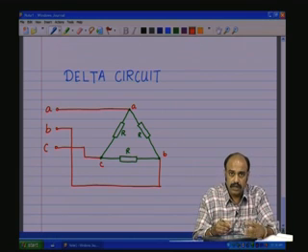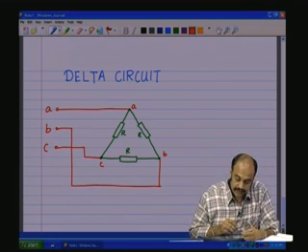Now, let us define the various parameters.